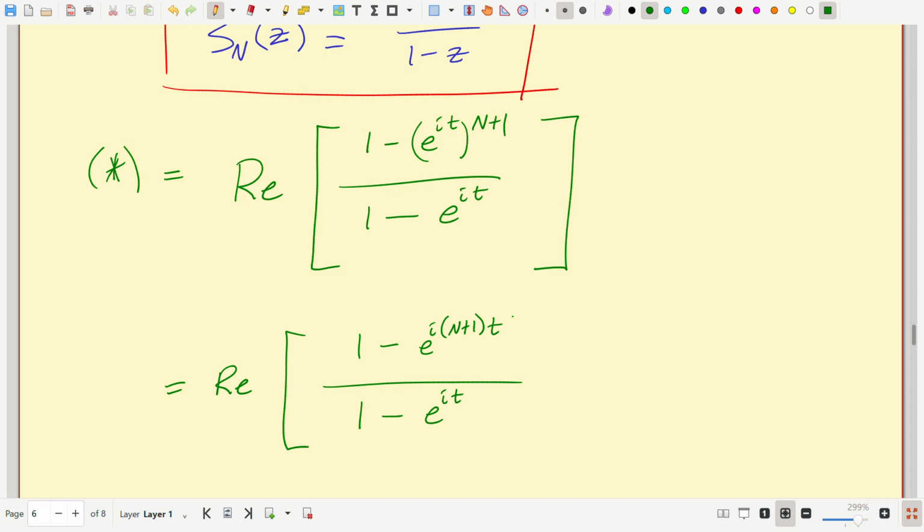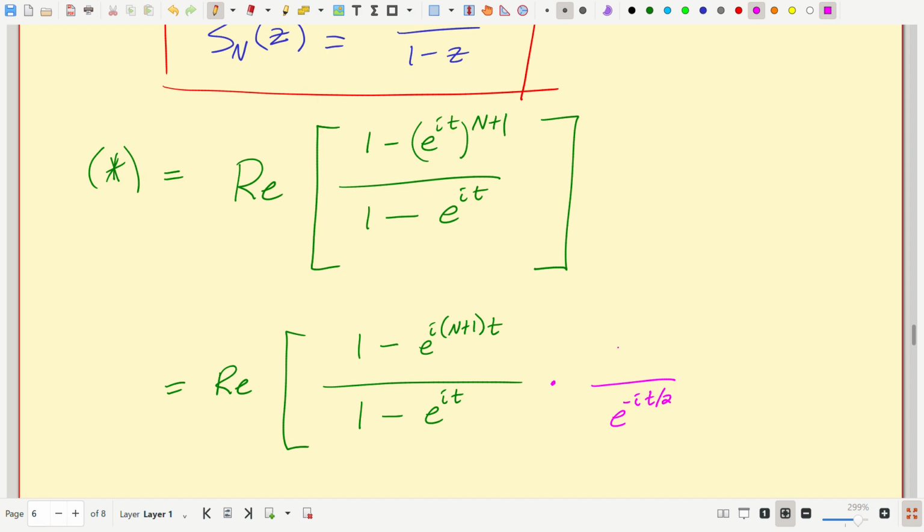And I'm thinking of the cosine and sine functions I learned last time. I want to turn that bottom thing into, I guess, a sine function. So in fact, I'm going to multiply the top and the bottom by e to the minus it over 2, which is going to make that pretty much the sine function in the bottom.